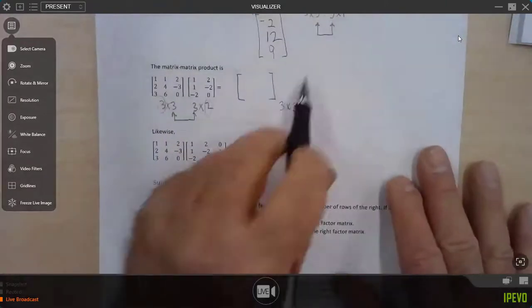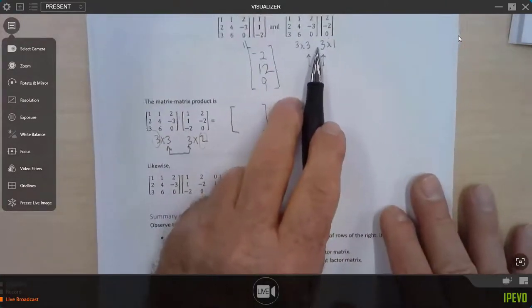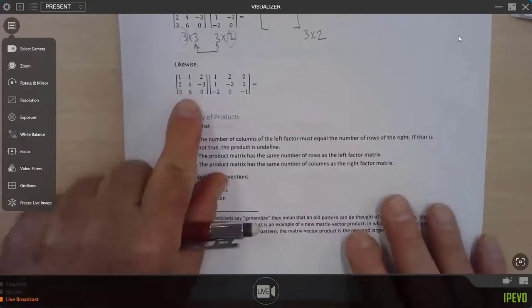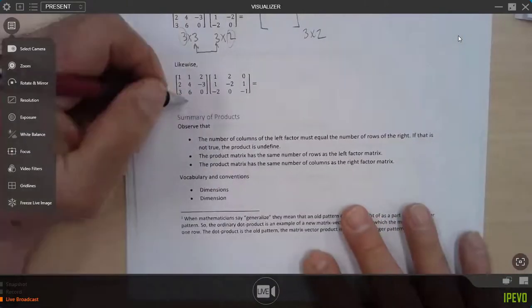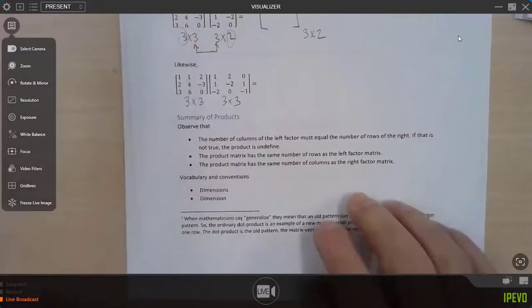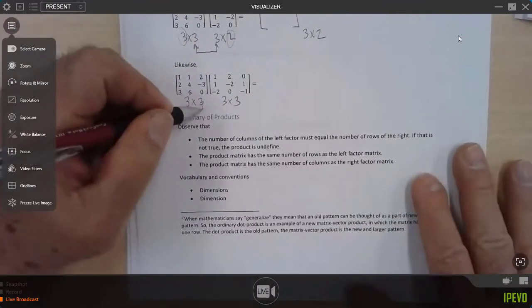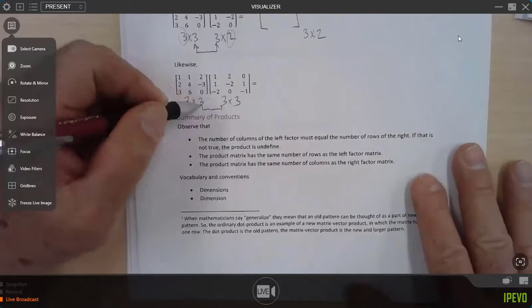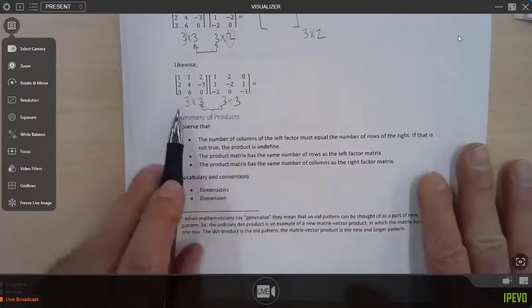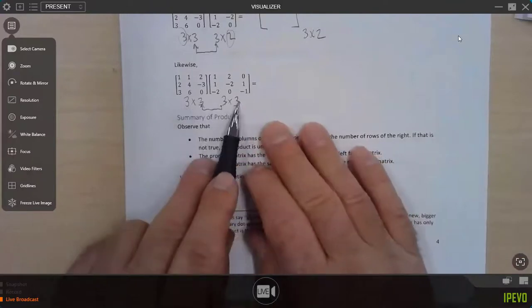So in a certain way, those inner dimensions, they kind of get used up in the process of doing the calculation. And so we could look at something like this, for instance. This is a 3 by 3. This is a 3 by 3. And without doing the calculation, we can tell this. First of all, the product is defined because those inner dimensions match. And the resulting matrix will be 3 by 3.